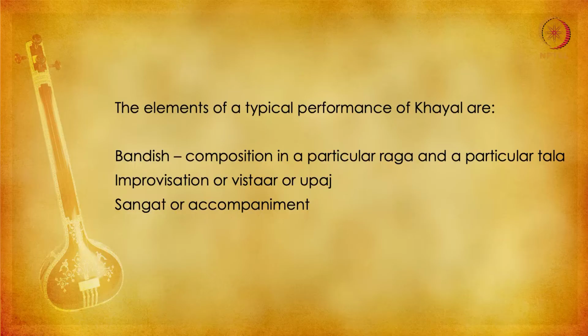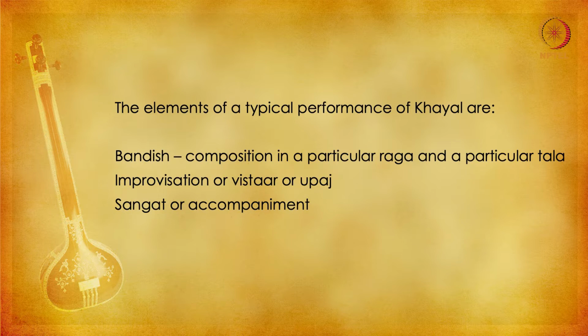composition. And so the elements of a typical performance of khayal are the bandish, of course, which is the composition, which is always in a particular raga and in a particular tala. Then you have improvisation around that bandish, which is called vistar and badhat or upaj.